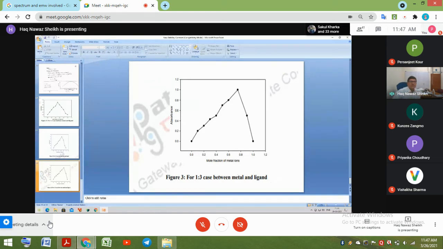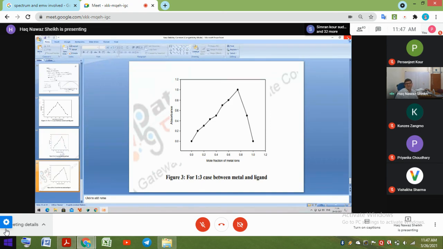So that is all about Job's method and the equilibrium constant or stability constant, and how it can be determined if the situation allows. Inshallah, we will do this experiment in the lab, and you will have a better understanding of how things operate in different situations. Iron thiocyanate is generally taken as a test case because the complex is formed easily without heating or refluxing. You just add two solutions and it becomes blood red.